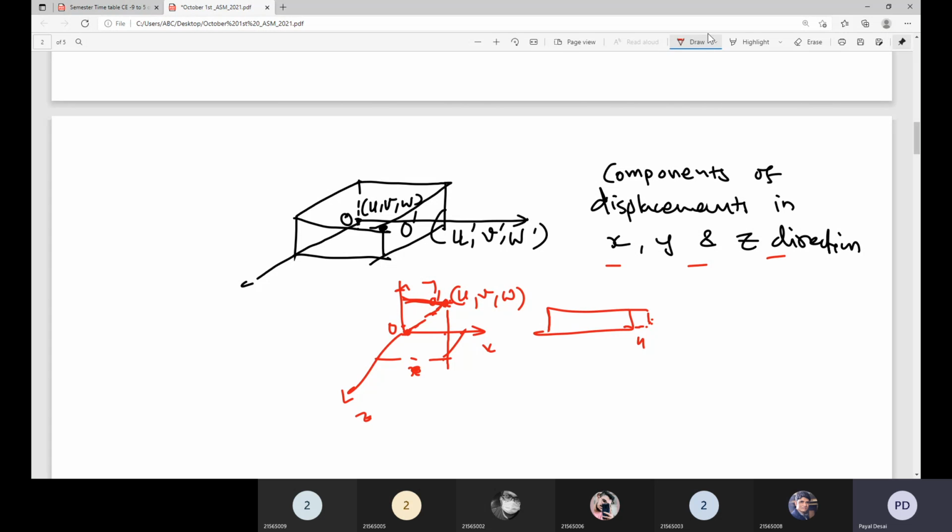So the usual notation is that in the X direction the displacement component is U, in the Y direction it is V, and in the Z direction it is W.